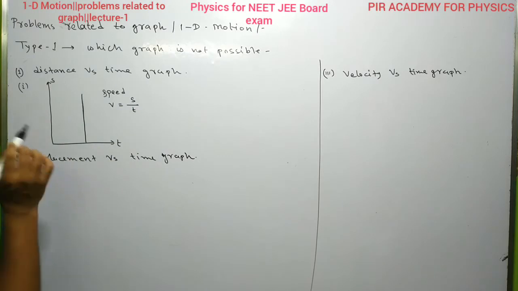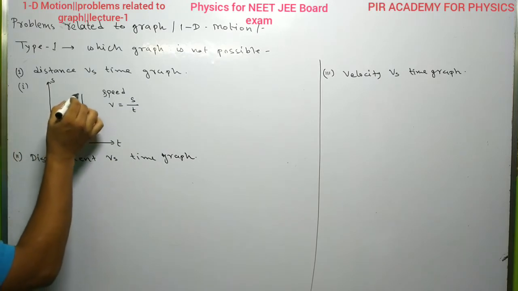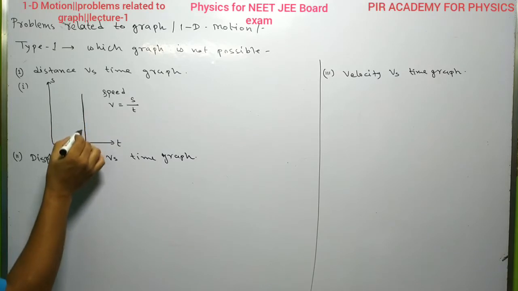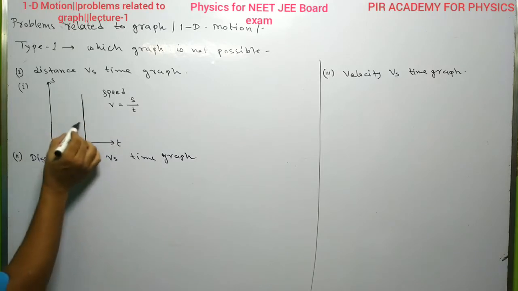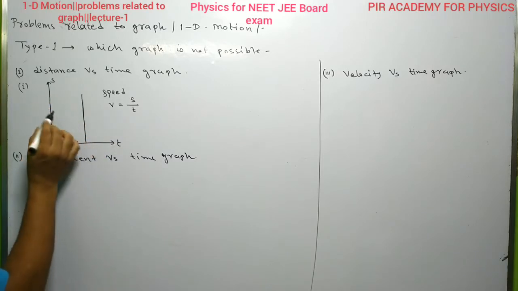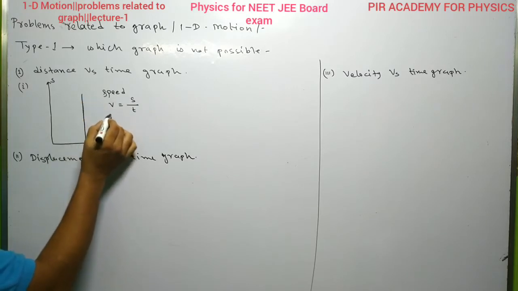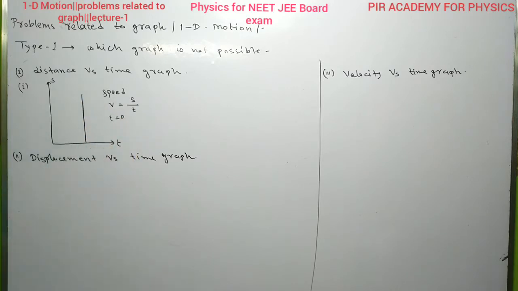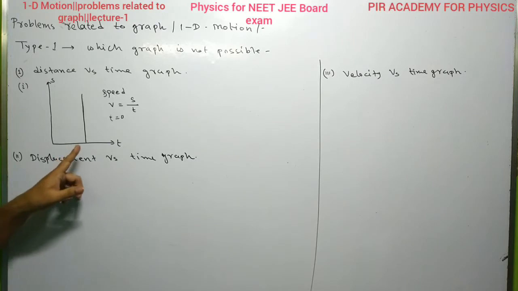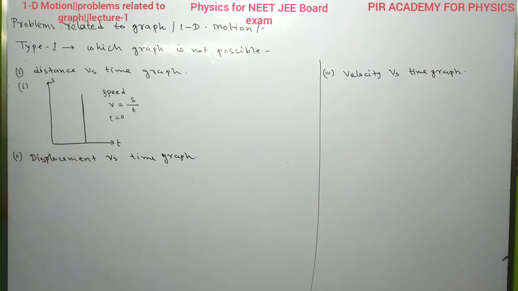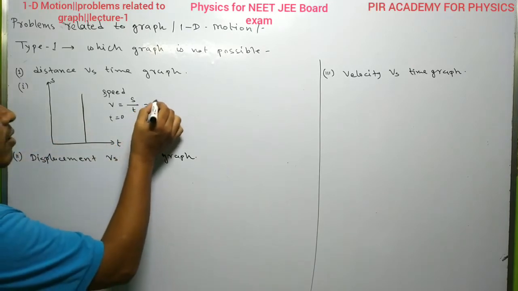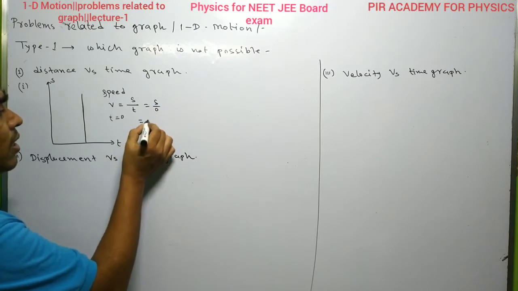See that this straight line is parallel to this axis. So the time taken to reach this point from here to here is 0. So it will be s by 0, that means infinite.